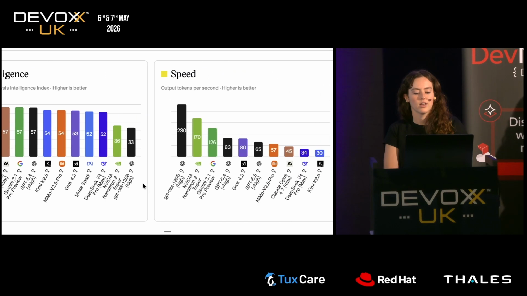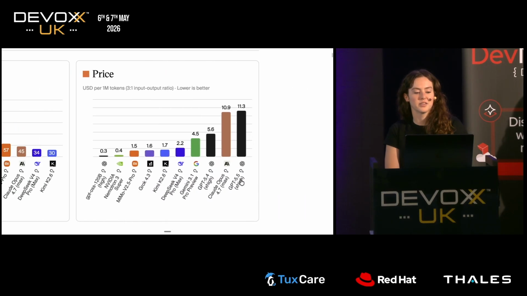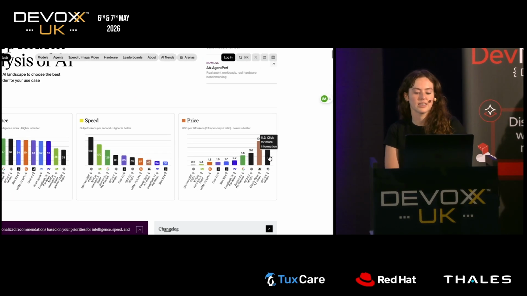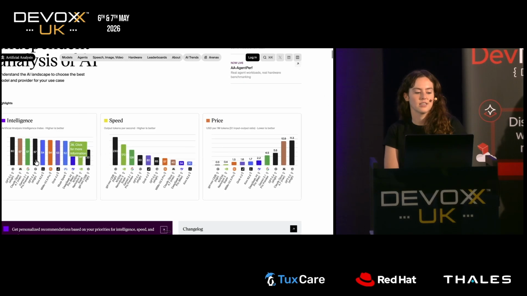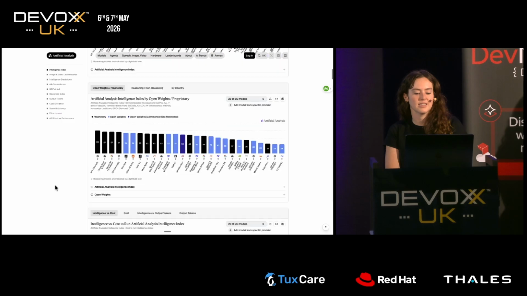Speed over here, and then price over here. Is anybody surprised? I kind of am, seeing this here and here and here is kind of scary. Yeah, this is a cool website.